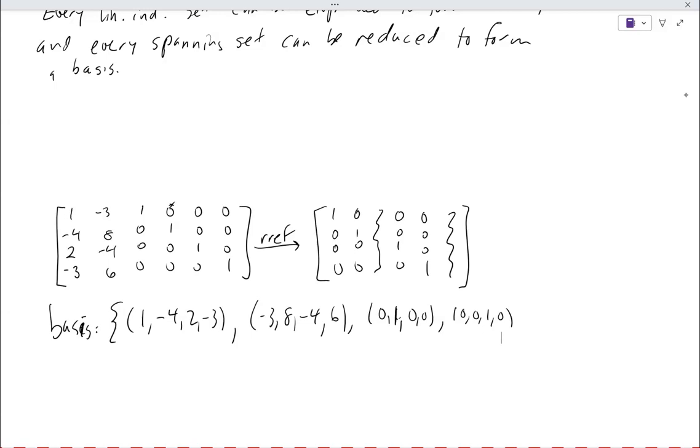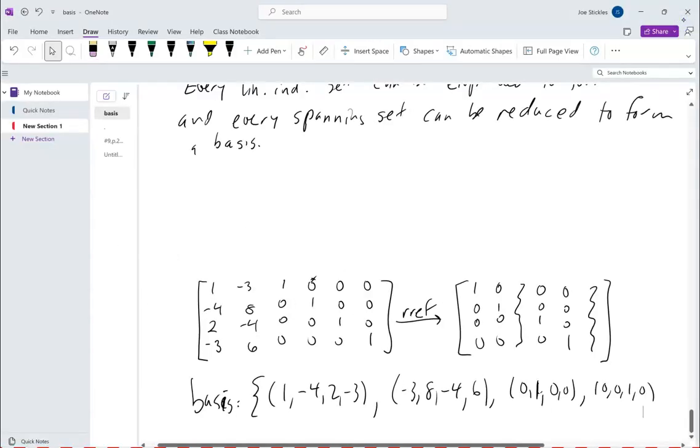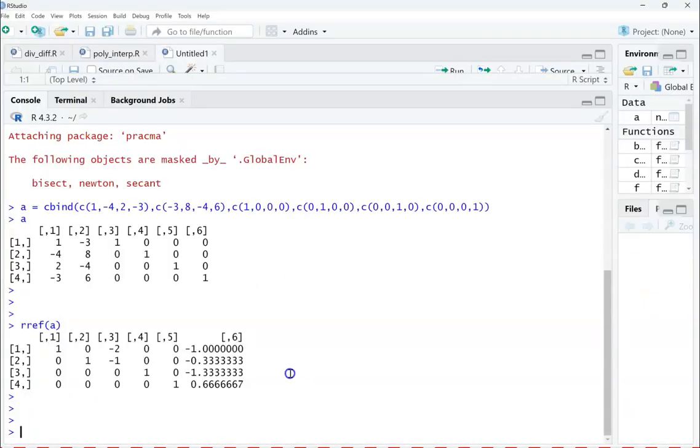Okay. In particular, let me go back to R real quick here. In particular, I can write the vector 1, 0, 0, 0 as -2 times this one plus or minus this one. I'm getting those numbers from here, right? -2 times the first minus the second will give me 1, 0, 0, 0.